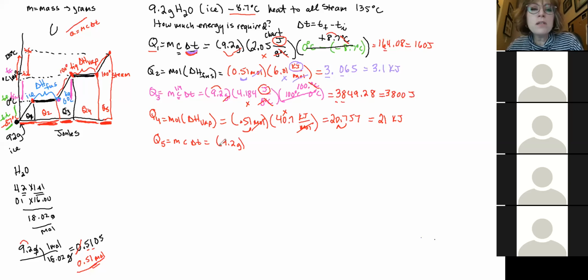But now I need the specific heat of steam instead of liquid water or ice. One of you tell me what the specific heat of steam is off your reference sheet, and I'll double check. Ivy, do you have your reference sheet in front of you? I'm pulling it out right now.